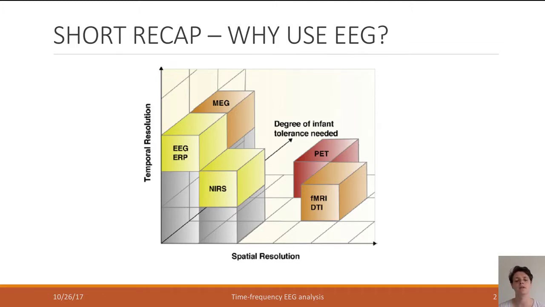I want to start with this most notably because when I ask students or fellow researchers why they would use EEG, usually I get a wide range of answers, from, well, it's easy to use with infants, or, well, it's very useful as a preliminary study right in front of your big fMRI experiment, in which you first find out where in the brain there is a direct stimulus and response relation, but then you go into more depth and detail through fMRI. Or they say, well, it's very cheap, so why not?